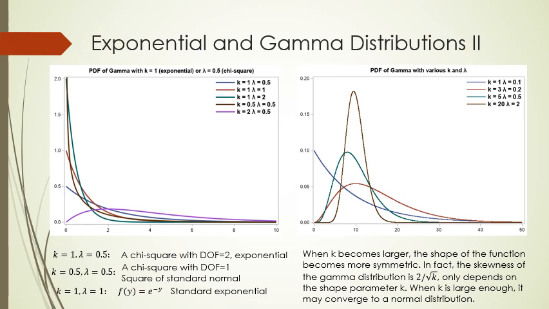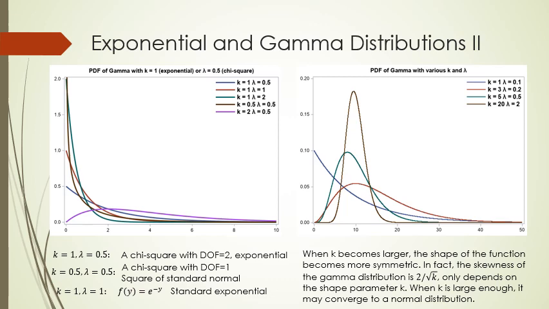It is a chi-square distribution with degrees of freedom of 2, and at the same time, an exponential distribution with lambda equal to 0.5. If k equal to 0.5 and lambda equal to 0.5 as the brown curve, then it is chi-square distribution with degree of freedom of 1. In this case, the random variable is the square of a random variable with standard normal distribution.